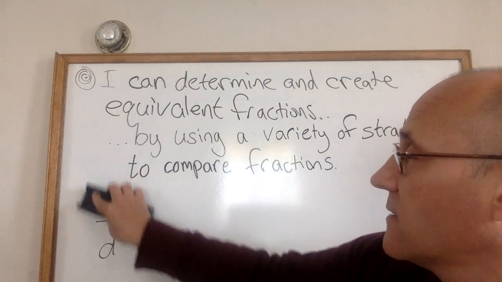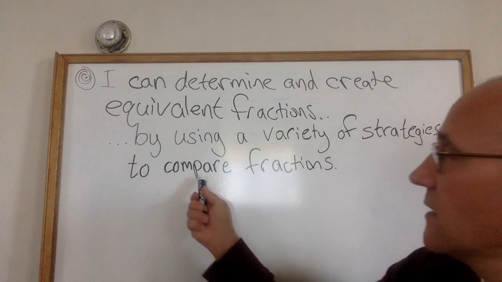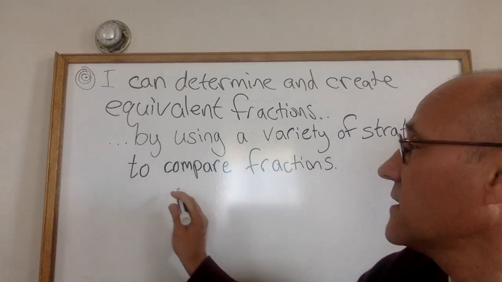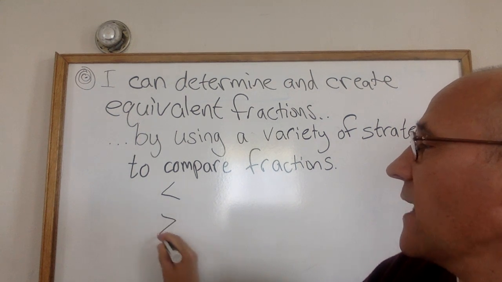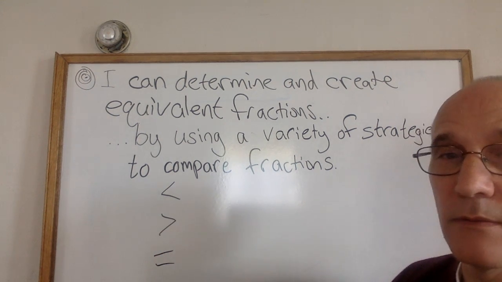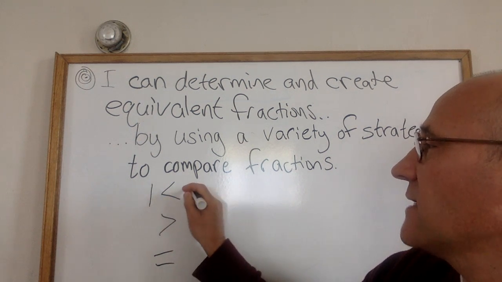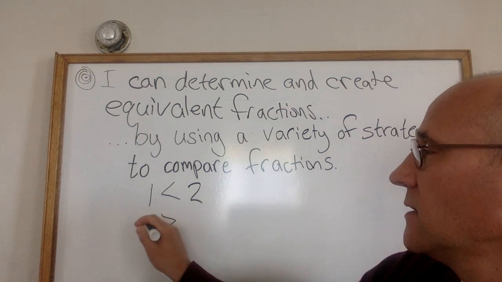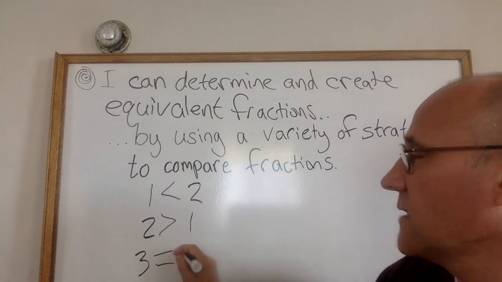All right. So as we talk about comparing fractions, compare is telling us, is it less than, greater than, or equal to? One way to remember less than. 1 is less than 2. 2 is greater than 1. 3 is equal to 3.